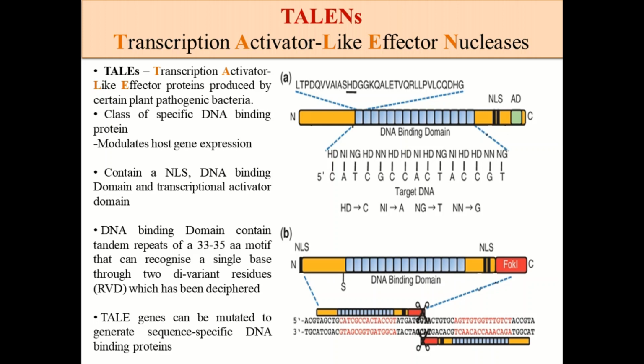Each DNA binding domain contains tandem repeats of a 33 to 35 amino acid motif, and each motif of a TAL protein recognizes a single nucleotide or base pair through two RVD residues, meaning repeat variable diresidue. TALs are typically fused with FokI nuclease and used for targeted genome editing in plants and animals.